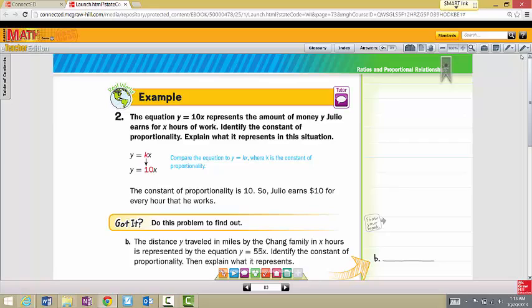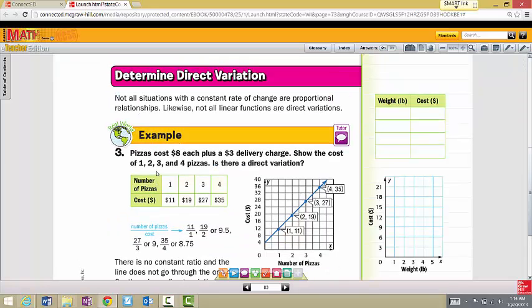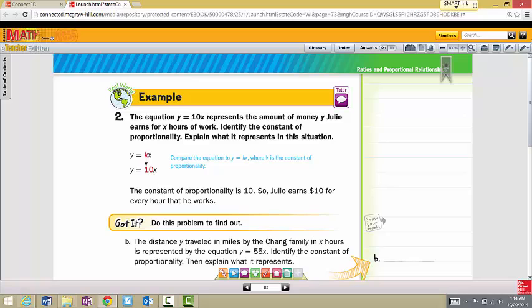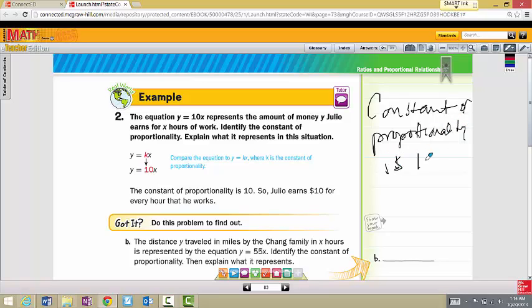Identify the constant of proportionality and explain what it represents in this situation. We know that the constant of proportionality is 10.